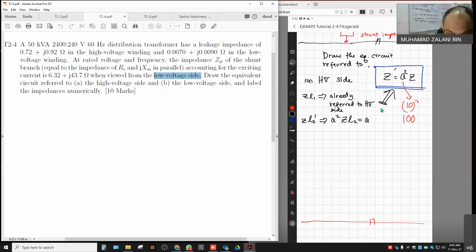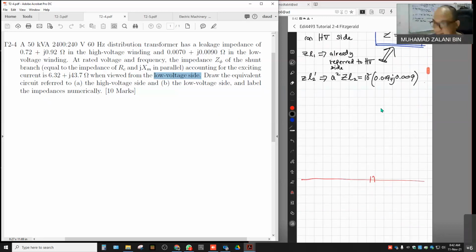Just write down the formula and substitute the value, which is 10 squared.